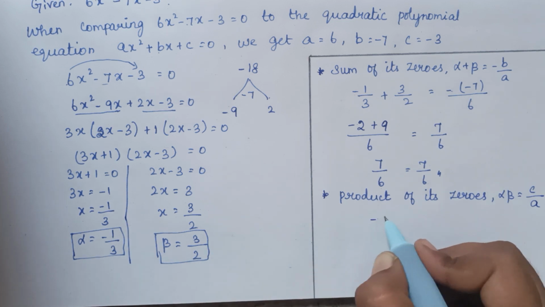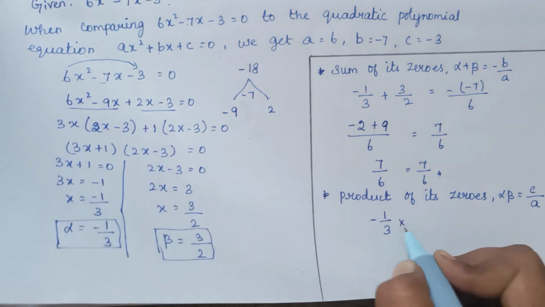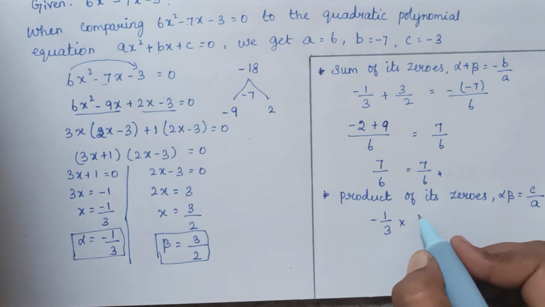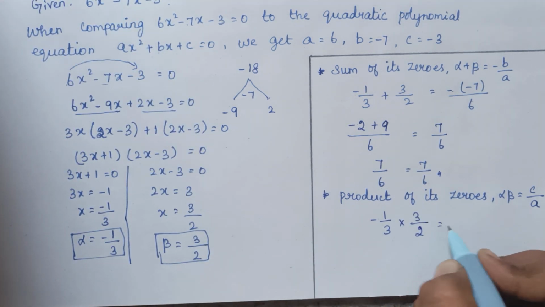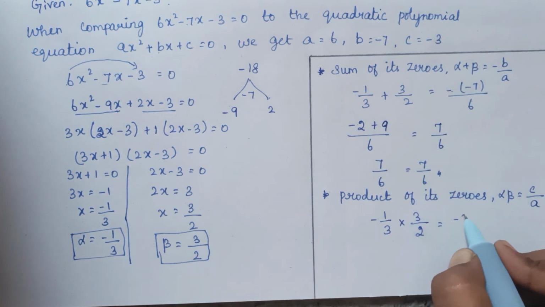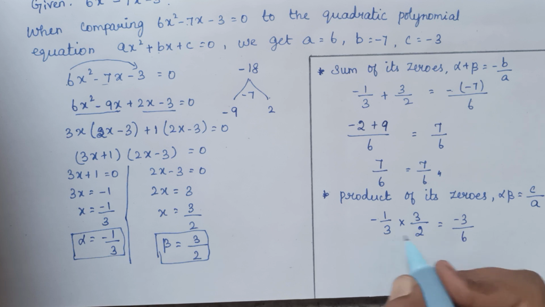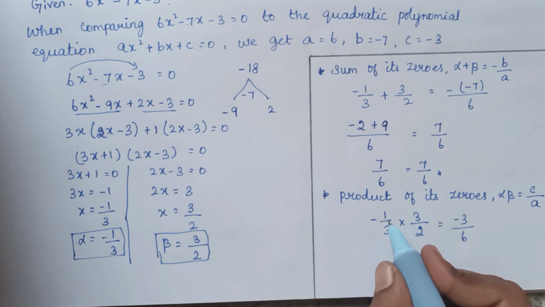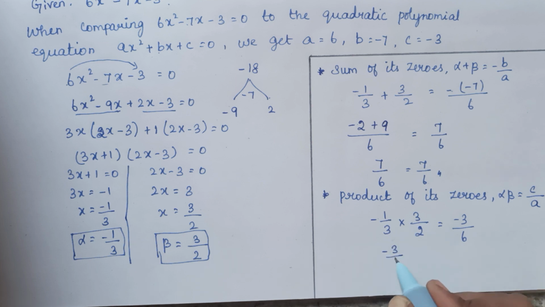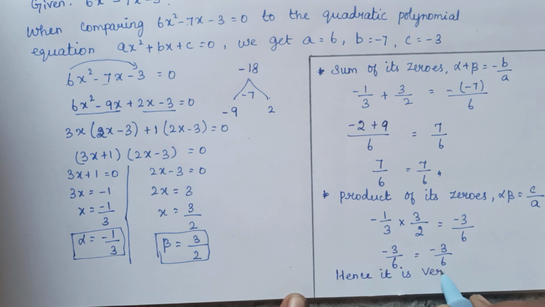So minus 1 by 3 into 3 by 2 is equal to c, minus 3, by a, 6. Okay. So now multiply directly. So minus 1 into 3 minus 3 by 3 2s are 6 is equal to minus 3 by 6. So therefore hence it is verified.